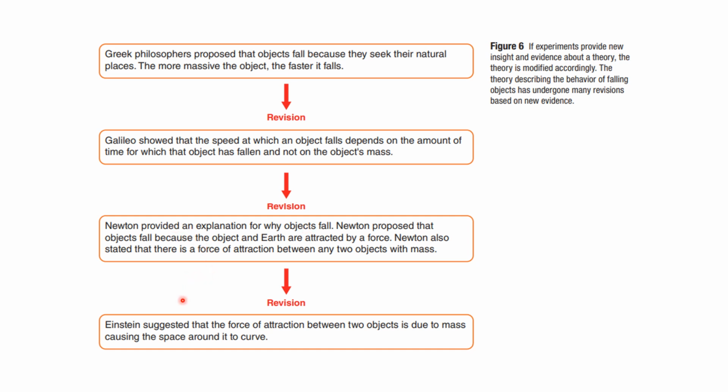Lastly, the last theory is by Einstein, who described gravity in terms of time and space. It's a complicated theory, but as you see here, we have multiple theories trying to explain one law, which is the law of gravity.